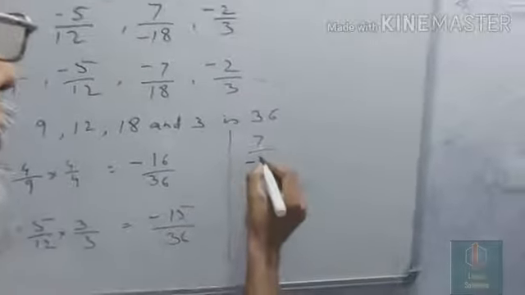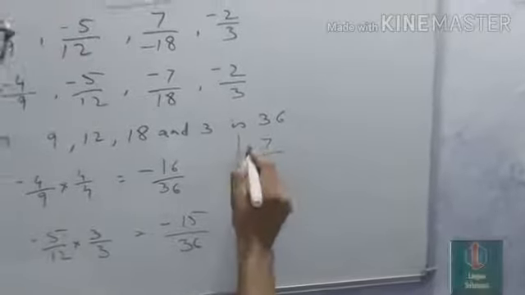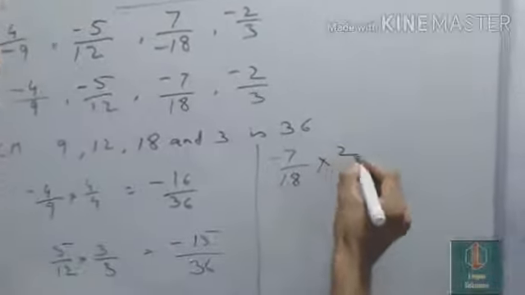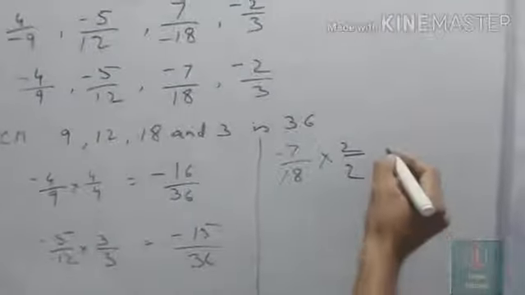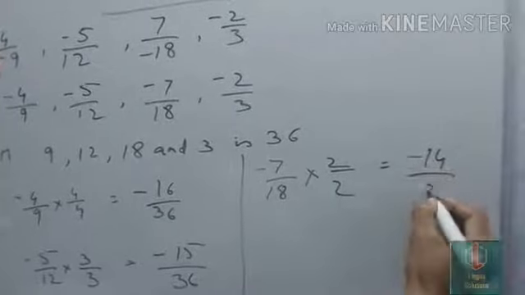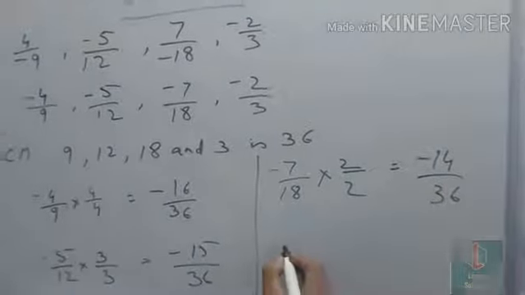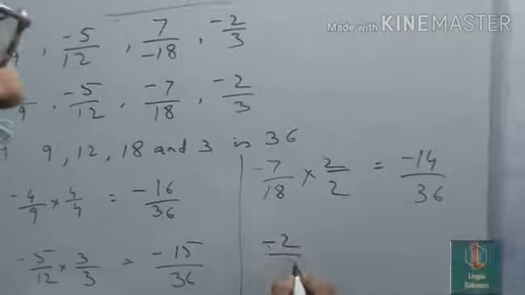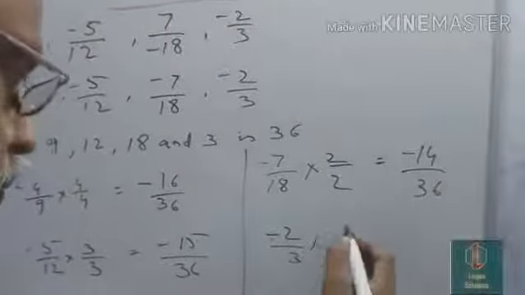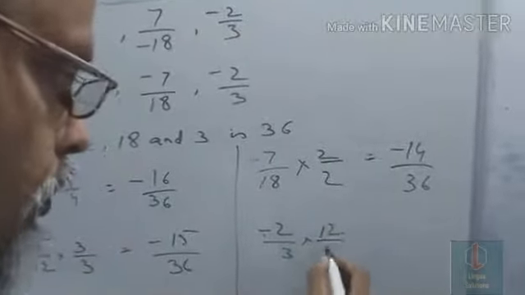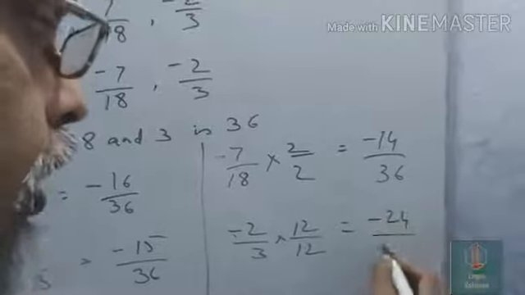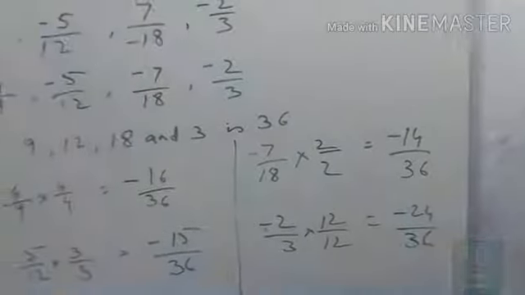Minus 7 by 18, we will multiply it by 2, we get minus 14 by 36, and minus 2 by 3 into 12, we get minus 24 by 36.